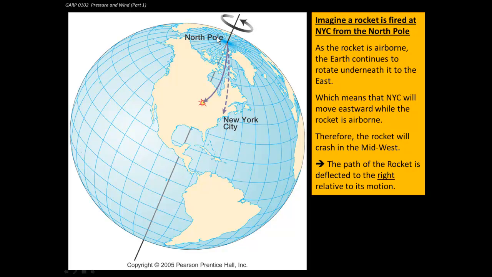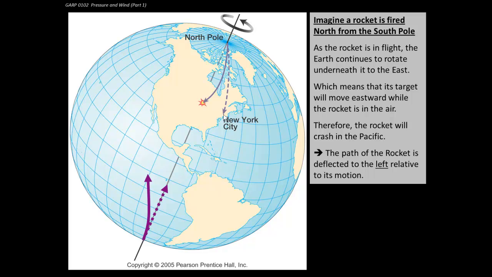So if you're just shooting straight down, the rocket will crash somewhere in the Midwest. The path of the rocket is deflected to the right relative to its sense of motion, because basically, as the rocket is airborne, the Earth rotates and New York City rotates eastward.